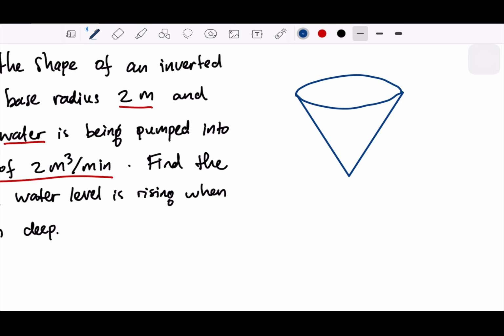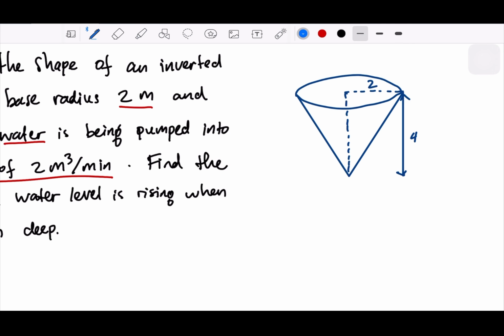So first, we can set up that this is the radius 2, right? And we have the height 4. Okay, that's our constant.